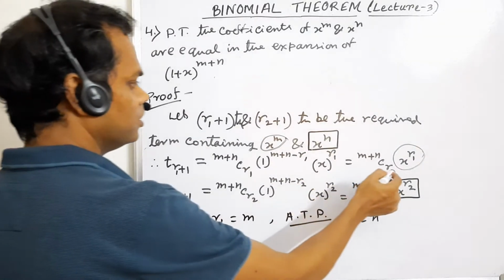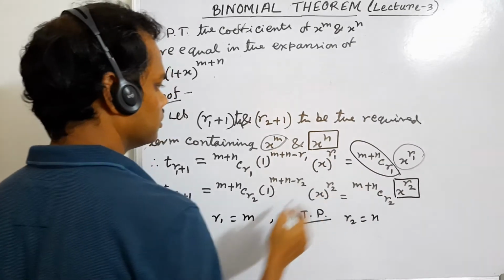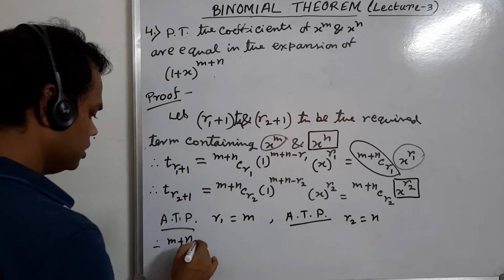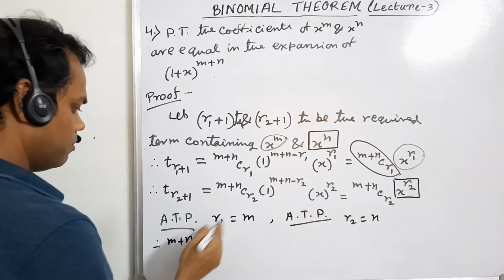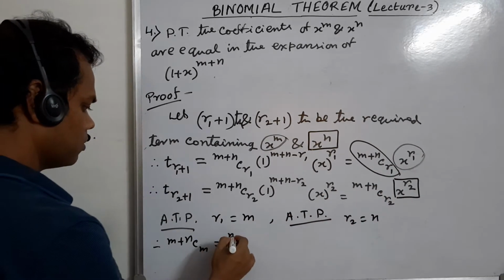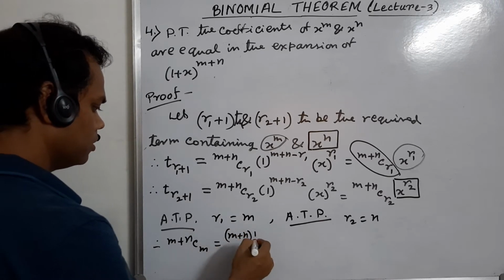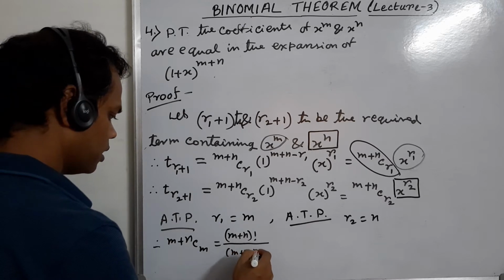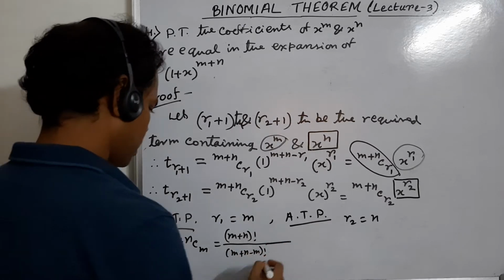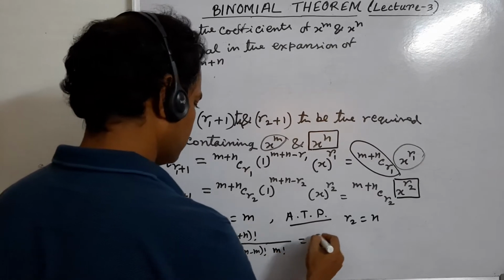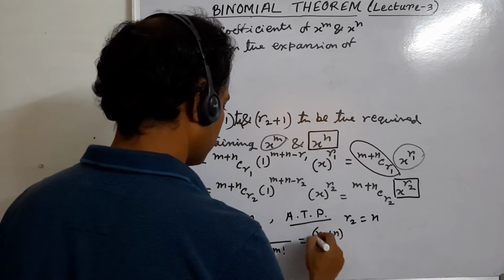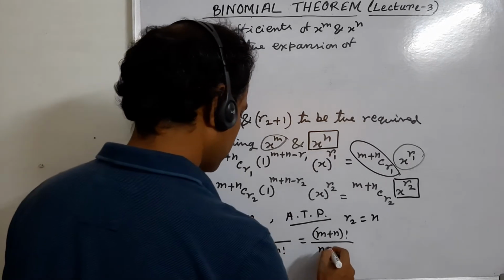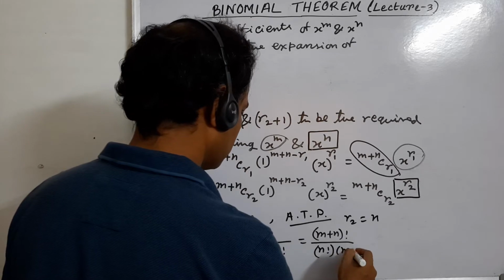Therefore the coefficient of this one is (m+n)C(r1), with r1 replaced by m, so (m+n) factorial by (m+n minus m) factorial into m factorial. So (m+n) factorial by cancellation, this is n factorial into m factorial.